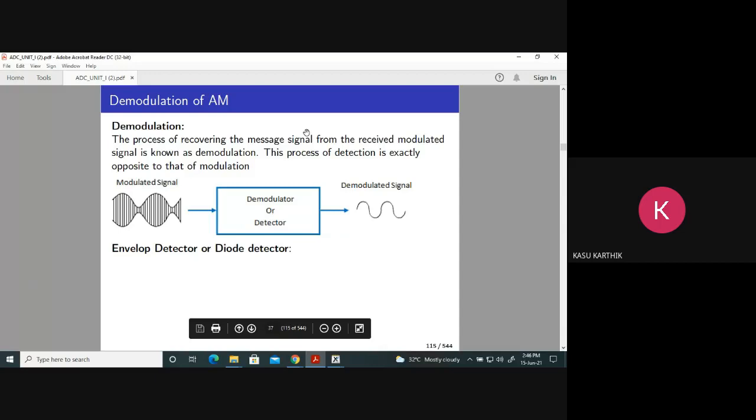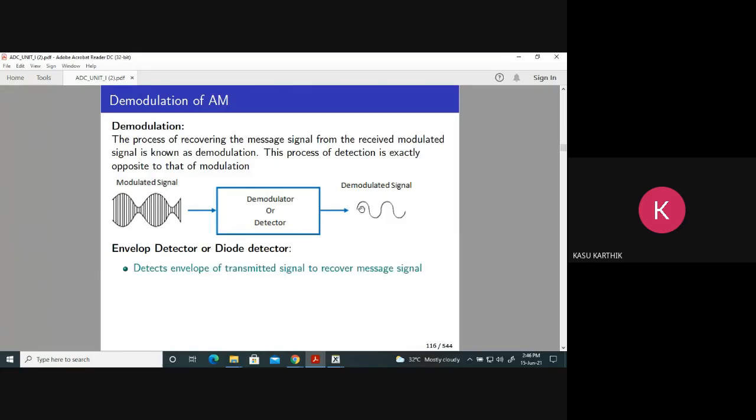By using this condition cleverly, we have designed the demodulator of AM. That is called the envelope detector or diode detector. By its name itself, it will detect the envelope of the given input signal. Suppose to this envelope detector you give this signal, the output will be the envelope of that signal.